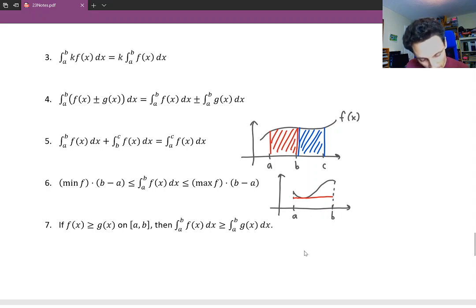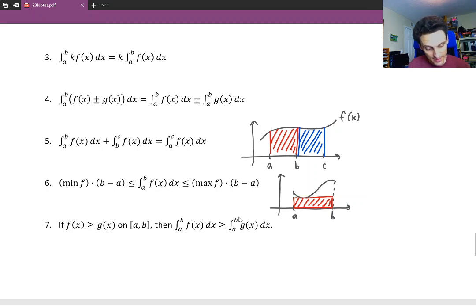So we can imagine this as the area of the rectangle that's under the curve. That's what min f times b minus a is computing. This min f is giving you the height of the rectangle, and the b minus a is giving you the length, or the width of the rectangle if you want to use the same terminology that we used before. So that's giving you a lower bound for what the area under this curve could be.